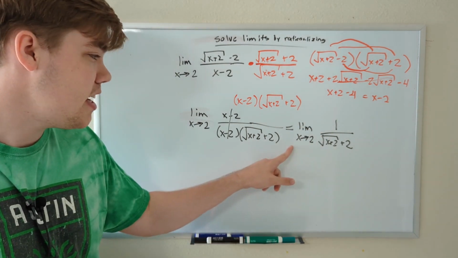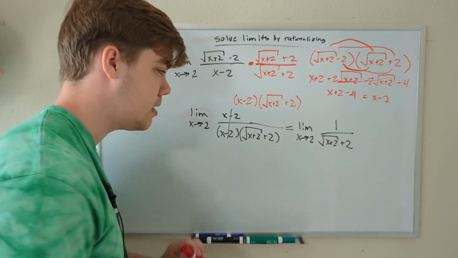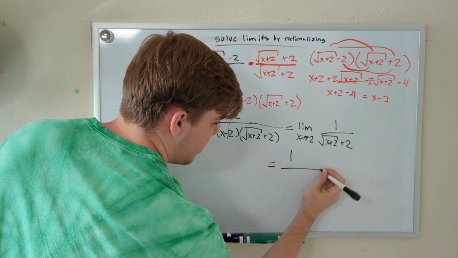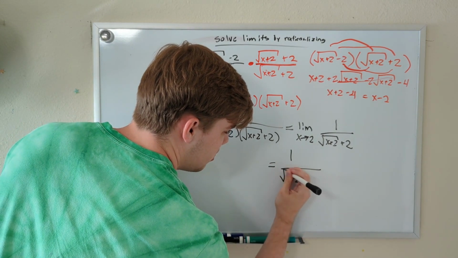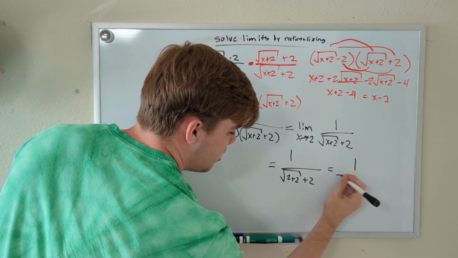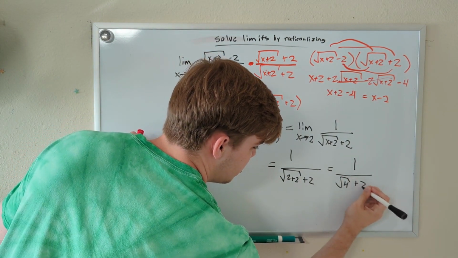And in fact, let's plug in x approaching 2 for all of our x values in order to solve this limit problem. This is simply equal to 1 divided by the square root of 2 plus 2 plus 2, which is equal to 1 divided by the square root of 4 plus 2.